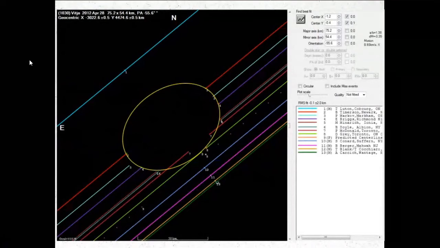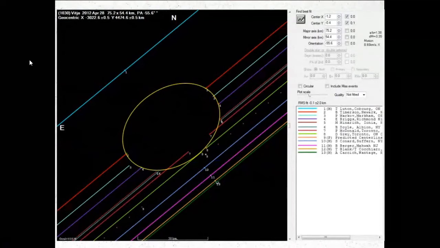So we got a lot of people on the north side of the path, some of whom, if you compare the estimated asteroid size to the path center line, if that asteroid hadn't shifted, some folks like Brad or even Paul Markov here, who's the pale blue line below the red one, number 3 here, would have actually missed. But instead, because they were set up on the outer edge of the predicted path, and the asteroid shifted in position, they were able to contribute quite a bit of information.